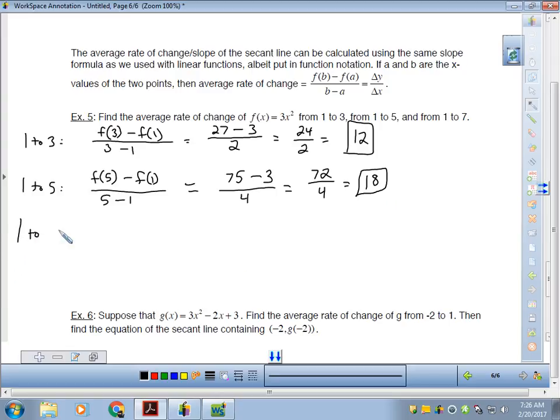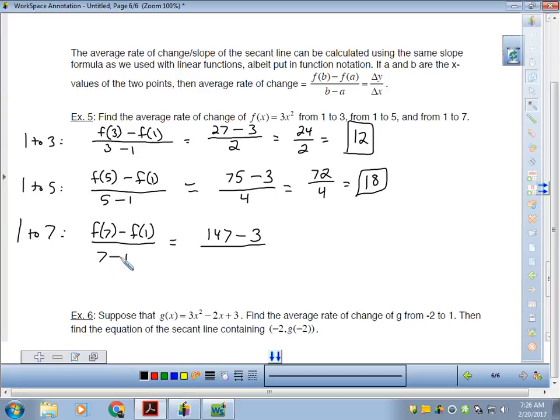The last one asks us to do 1 to 7. So this is going to be f of 7 minus f of 1 over 7 minus 1. To find f of 7, we plug 7 in for x. 7 squared is 49, and 49 times 3 is 147. Minus, when we plug 1 in, 1 squared is 1 times 3 is 3.